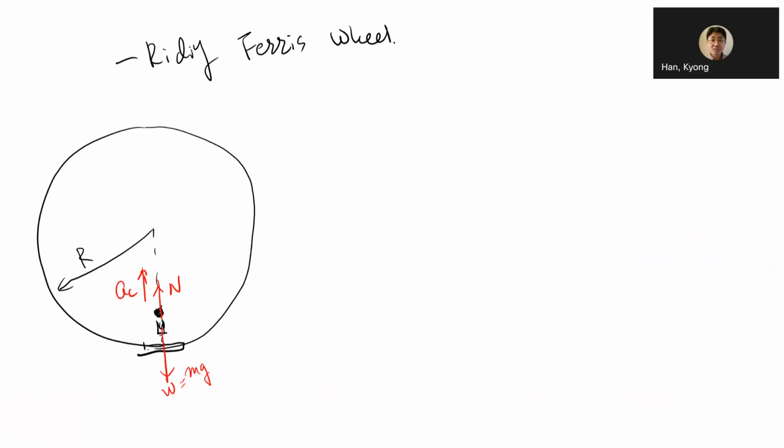Centripetal acceleration always points to the rotational center, the center of the curvature, right? Then we can write the equation of motion: F net equal to ma. We choose this direction as the positive direction, so N is positive, minus mg, which is negative because gravity is downward.